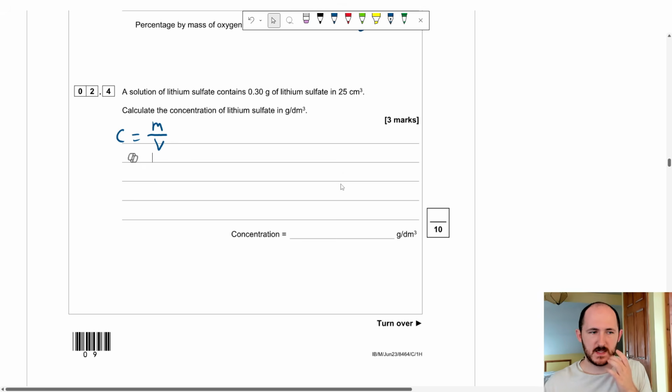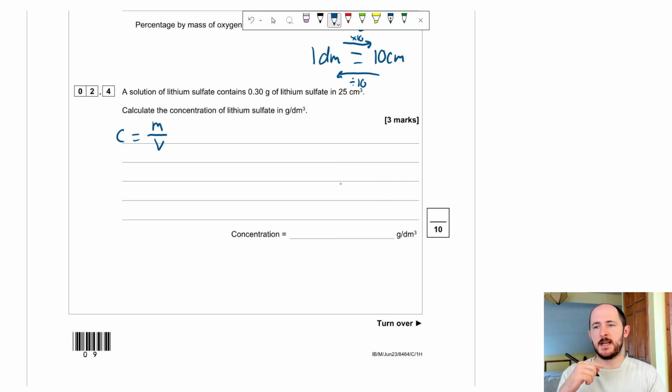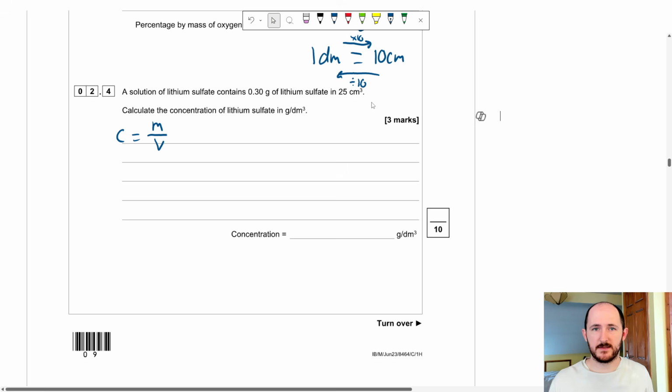Now, the question is, how do we go from centimeters to decimeters? Well, 1 decimeter is equal to 10 centimeters. So in other words, to go from decimeter to centimeter, I times by 10, which means if I want to go from centimeter to decimeter, I divide by 10. Now, here's where people get confused, is because it's centimeters cubed instead of just centimeters and decimeters.